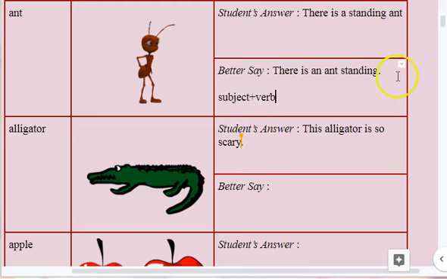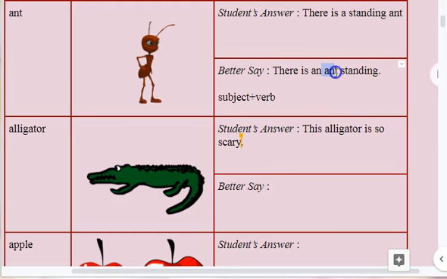Your subject is the ant and your verb is, what is your verb? In the first sentence, there is an ant standing. What do you think is the verb here? Standing, right?